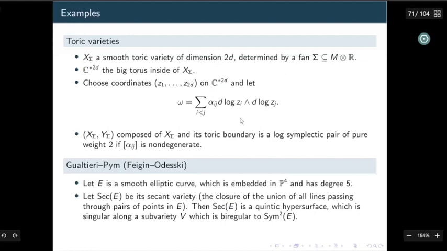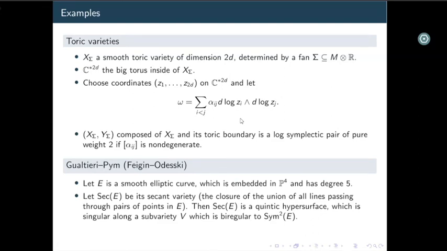If you have such an embedding, you can look at the secant variety of this embedded elliptic curve. This is, of course, just taking pairs of points on the embedded elliptic curve, taking the P1 that connects them, and taking the closure of the union of all these. So this secant variety is a quintic hypersurface, but it is going to be singular along a subvariety which is biregular to the symmetric square of the corresponding elliptic curve.